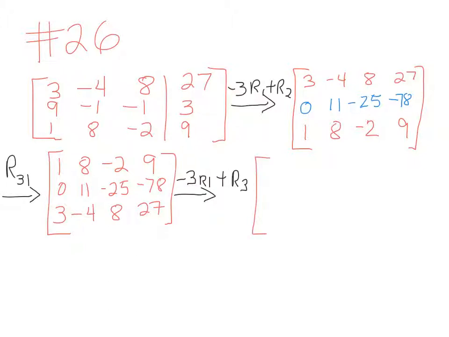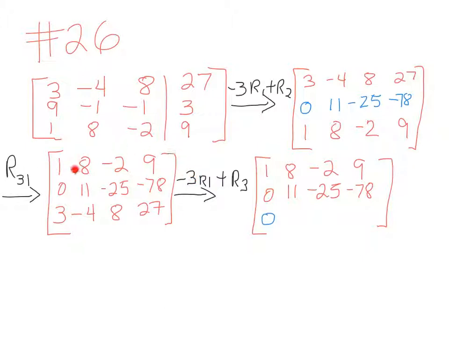So the first and the second rows stay the same. 1, 8, -2, 9, 0, 11, -25, -78. Now, -3 times 1 is -3 plus 3. That is 0.